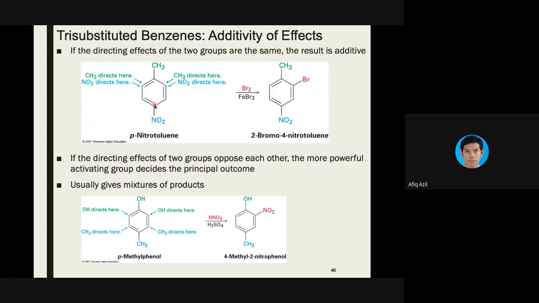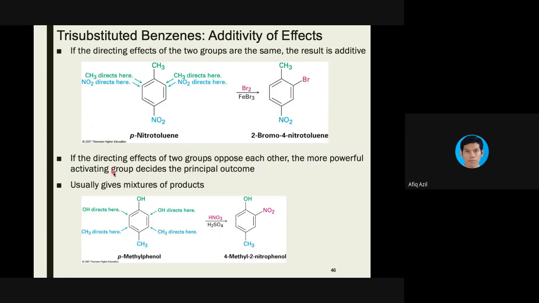So this is nitro, and meta will be at this position or this position. Meaning that both of these point towards the same direction. So you can either put it here or here. So you end up with this product.